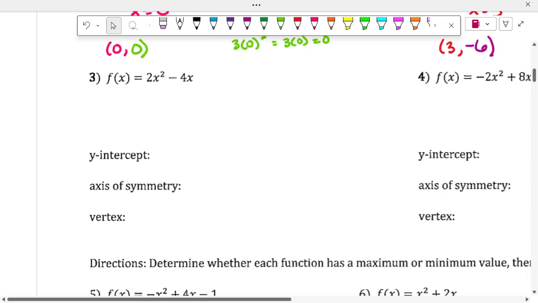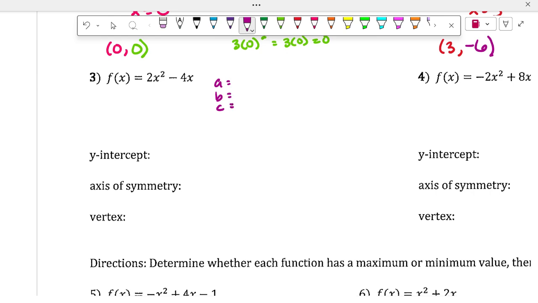Let's try this one. So, by hand first, A, B, C, that would be 2, negative 4, and 0. What's my y-intercept? 0, 0. Axis of symmetry will go into negative 4 over 2 times 2.